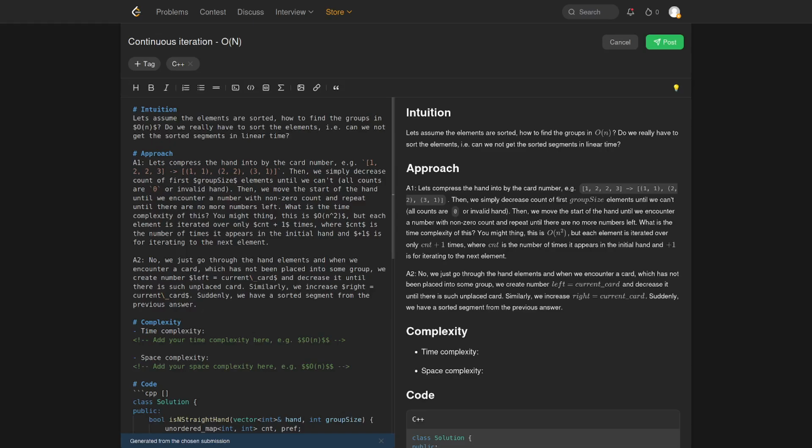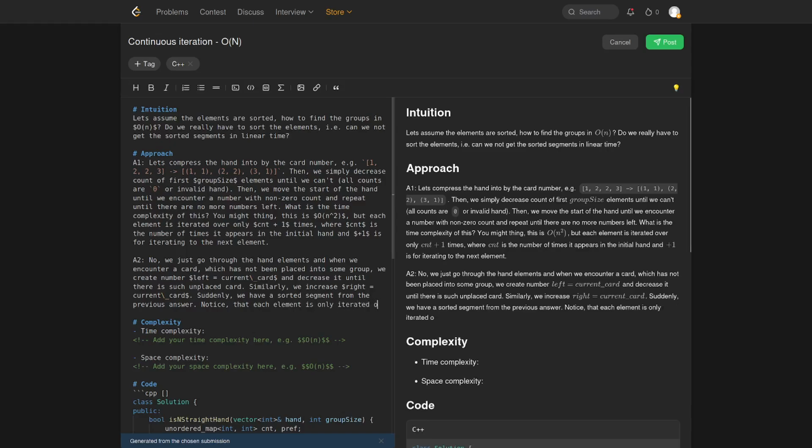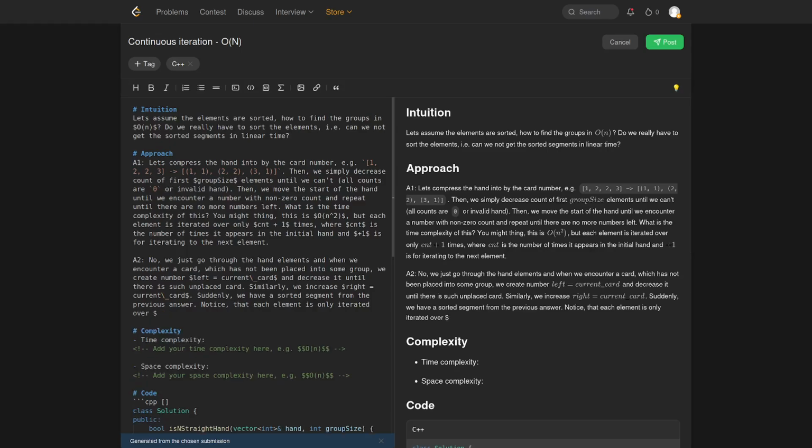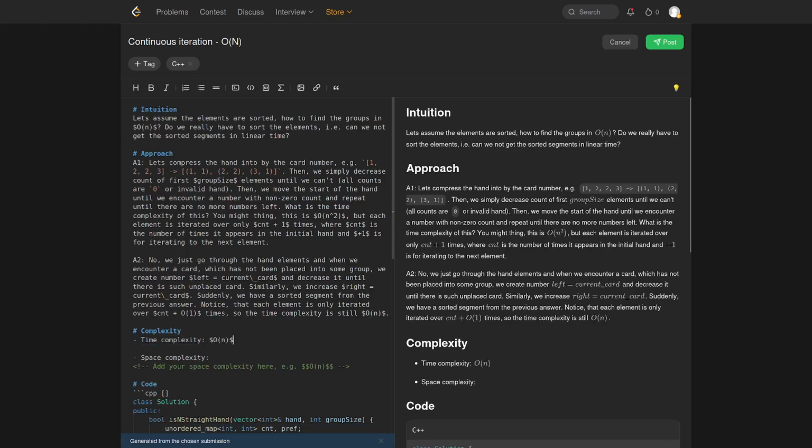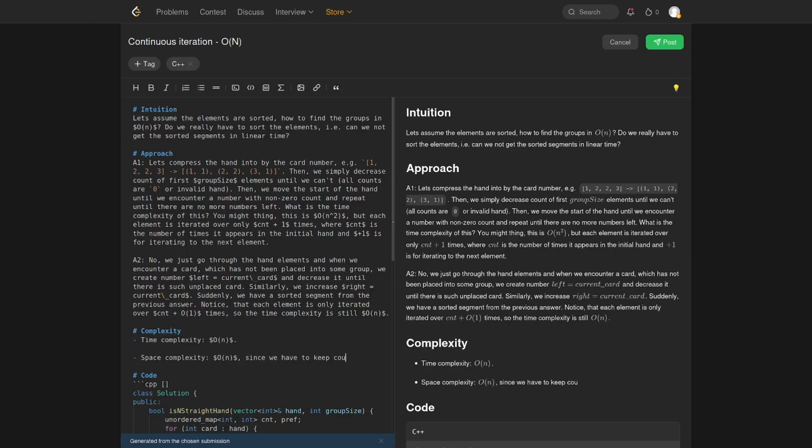Now, notice that each element is only iterated over count plus 1 times, so the time complexity is still O(N), since we have to keep counts of elements.